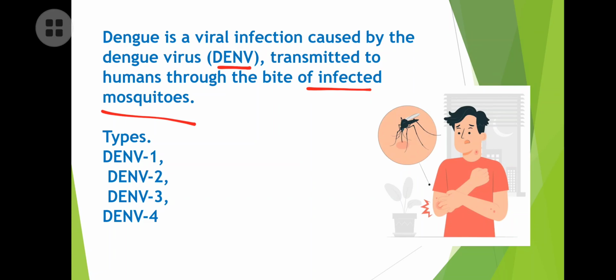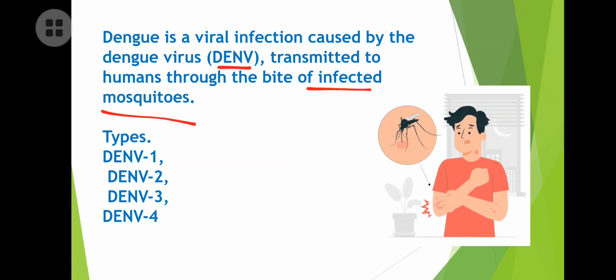That mosquito then goes and bites another uninfected human, and the virus is transported into that person and leads to dengue. Simple. For that reason, these mosquitoes are the carriers of the dengue virus.